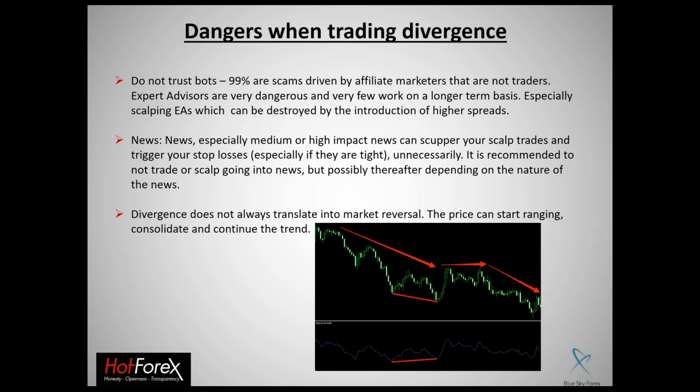In the example at the bottom, you see a decent divergence showing after a long trend, but the price starts consolidating. It ranges just a few hours. I mean, not few, but several hours, and then the trend continues. And in that example, the trend actually continued for a very long time. I just couldn't fit it into the picture, otherwise the picture would be really, really small.